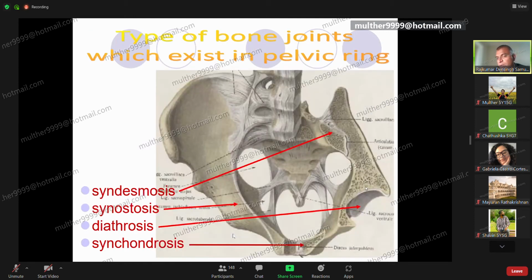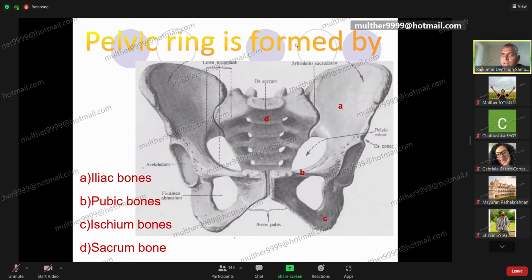Next, we have diarthrosis. The hip joint is an example of diarthrosis. Its synonym is true joint, because we have the acetabulum with articulating cartilage. It articulates with the head of the femur. Between them, there will be an interarticulating space. So let's try to draw. Here we have the acetabulum, here we have the head of the femur.